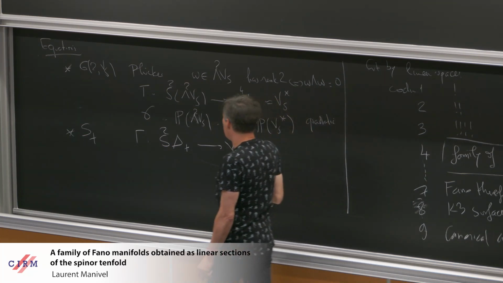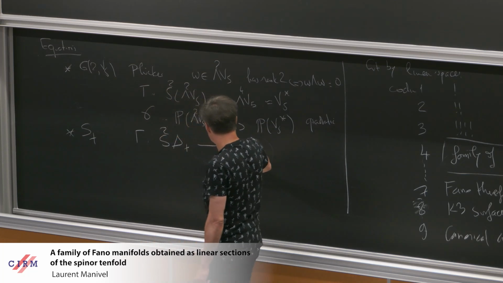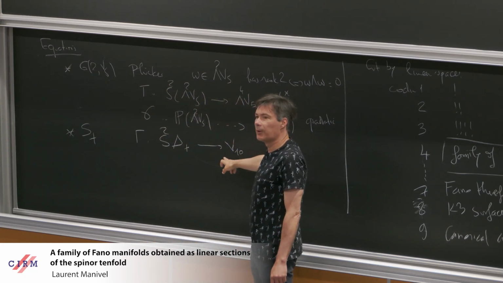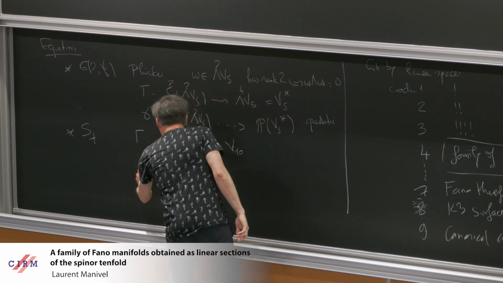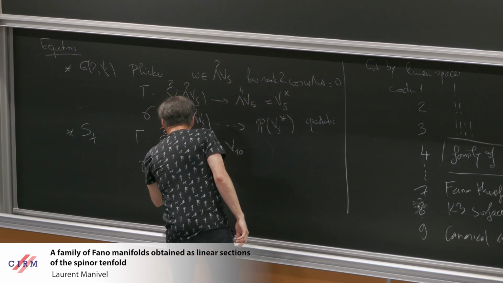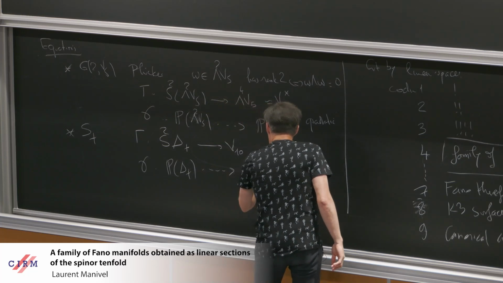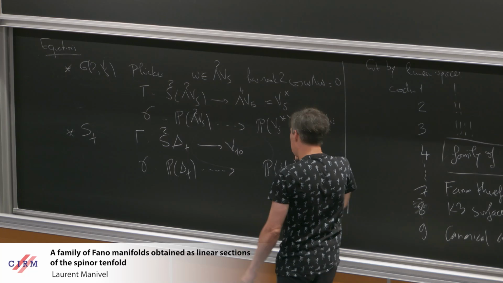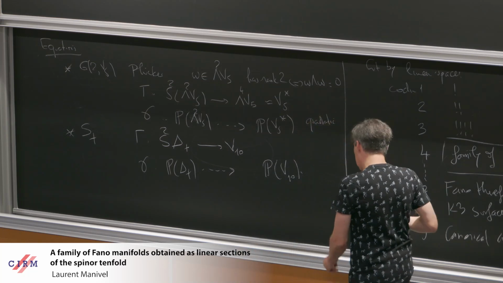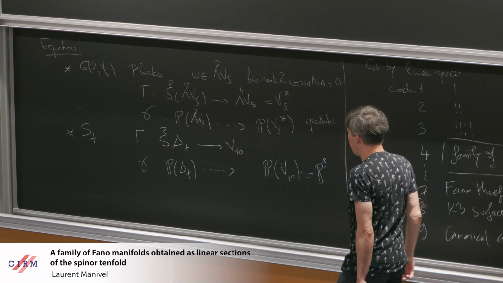So you have a similar description of the equations of the spinor tenfold. It has 10 quadratic equations given by such a map. And so you have a similar map, little gamma. It takes you to P9, which is defined outside the spinor tenfold.